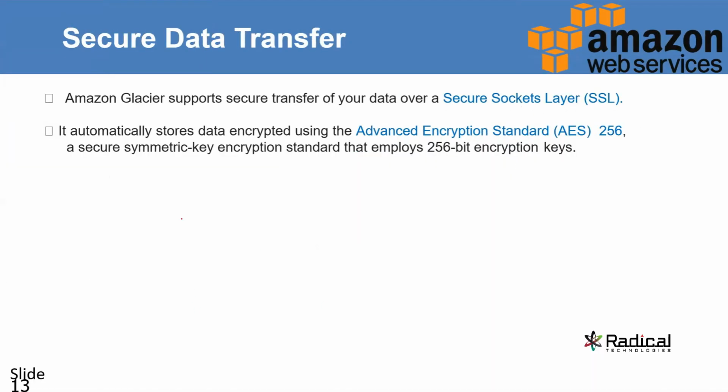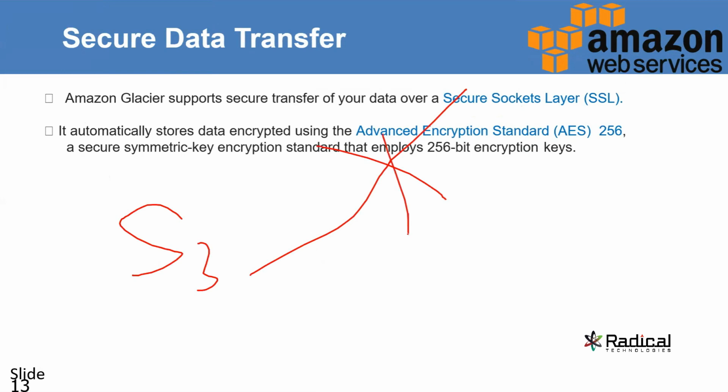So guys, very important thing. Whenever you upload an object to S3, it is not encrypted by default. When you upload into Glacier, it is encrypted by default.